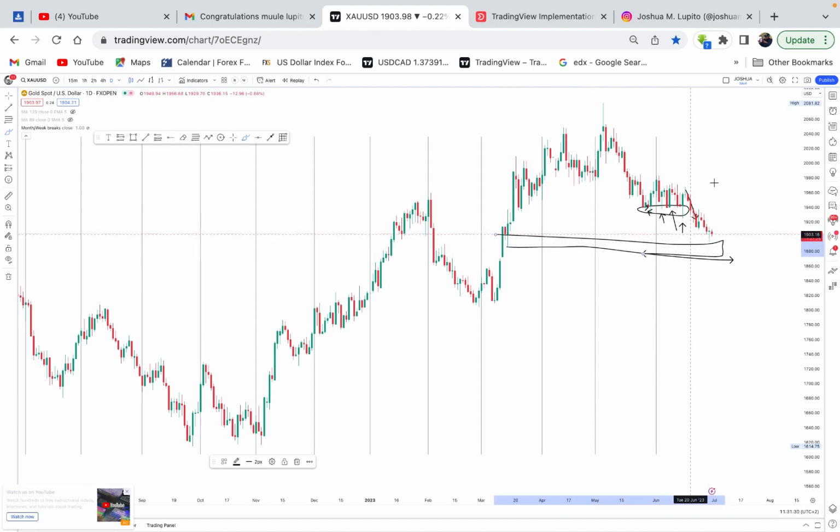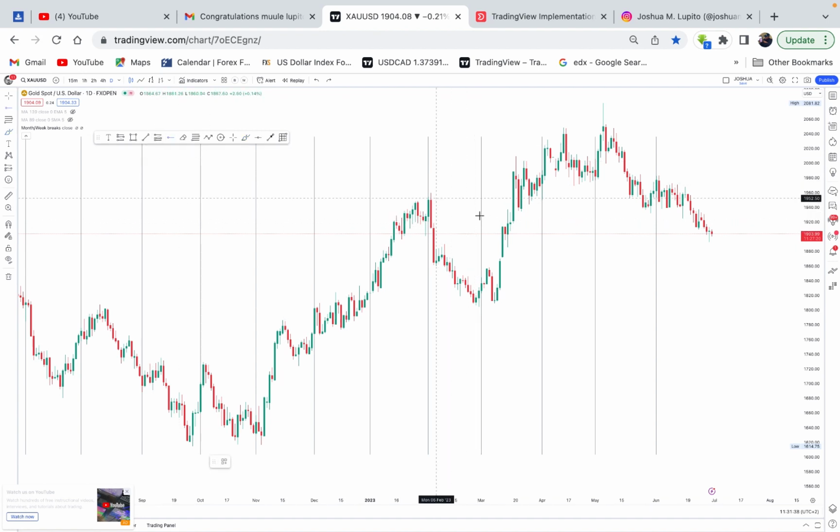So basically here, what am I trying to understand with gold? We can see sellers are really doing their thing, trying to push the market to the downside. This is where they're currently at. We can see our first candle rejection, this is on the daily time frame.